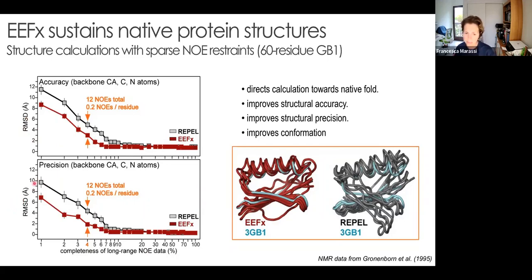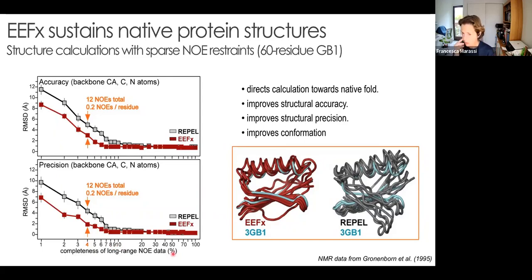And it's comparing calculations done with repel, purely repulsive, or the effective energy function in implicit solvation. And you can see that in both cases, both the accuracy and the precision are highly improved when a very sparse set of NOEs, like 4% complete, is used in the calculation.